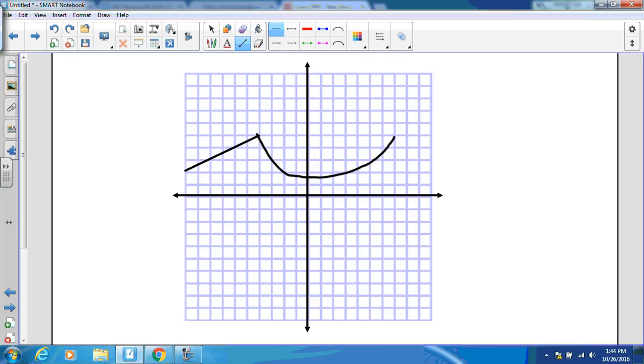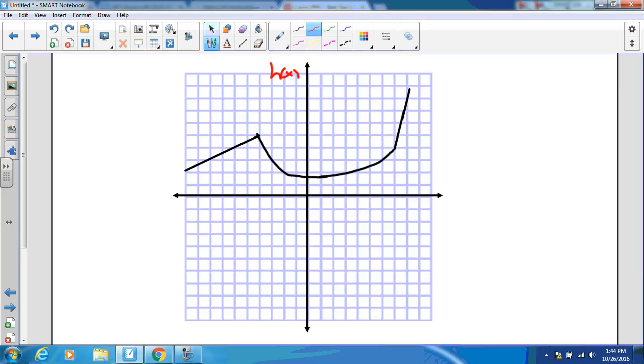And then it goes up like so. Something like this. And it's a little bit shallower than that and this. Now, because my graph is not exactly your graph, we may have different things here.